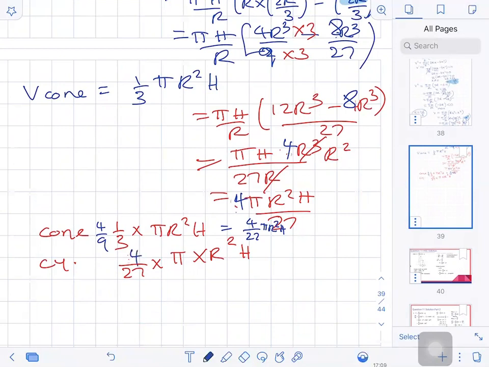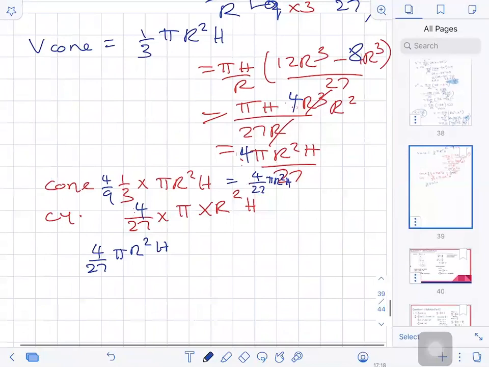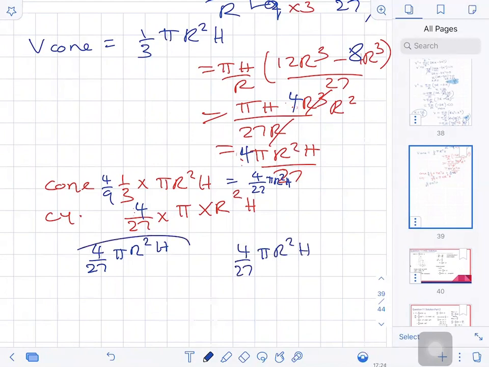So the cylinder will be 4 on 27 pi r squared h, and the cone, 4/9 of that. So 4/9 of the cone is that, and the cylinder is that. So it does not exceed it.